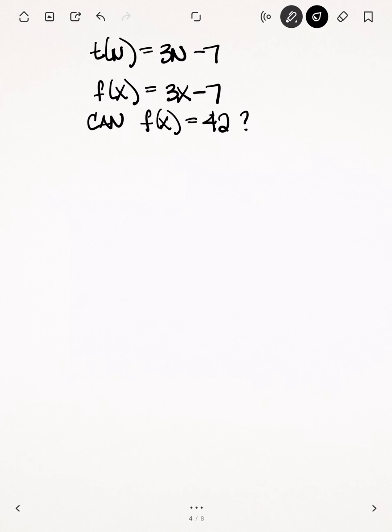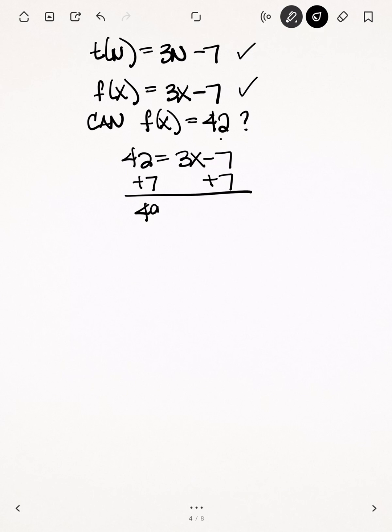So this is a sequence, this is a function. If I substituted 42 in for f of x, I would get 42 is equal to 3x minus 7. I would add 7 to both sides, and I would get 49 equals 3x, just like we did before. And I would get x equals 49 over 3.